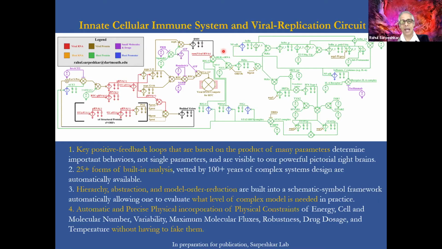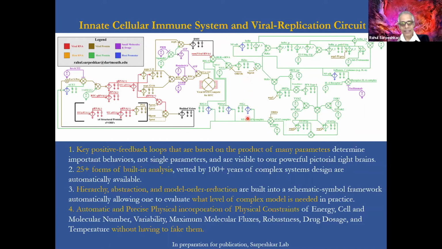But the only thing that matters might be one, what is known as feedback loop gain. For example, in the cytokine response, the only thing that matters is if one positive feedback loop gain goes greater than 1. And if it does, the cell is going to go crazy and start an immune response. And if that is less than 1, it will not go crazy.